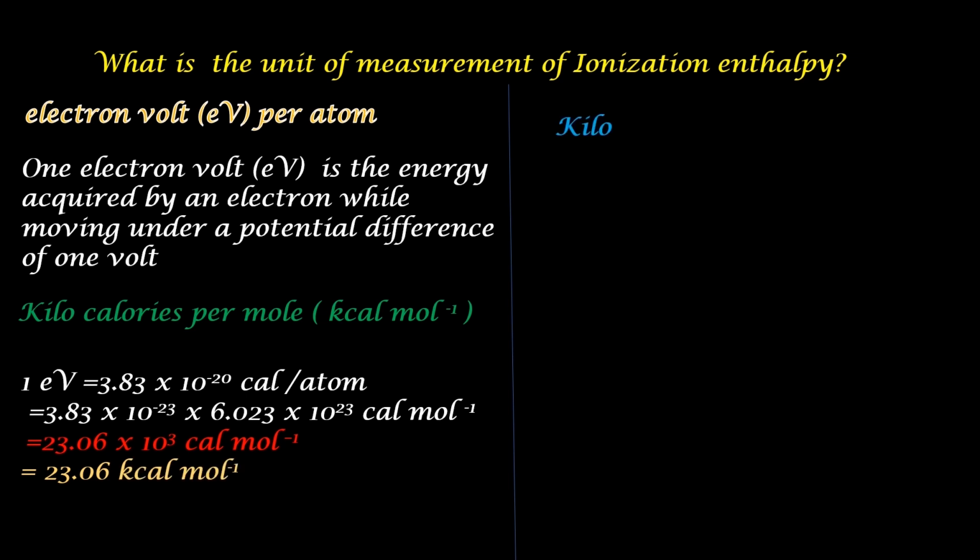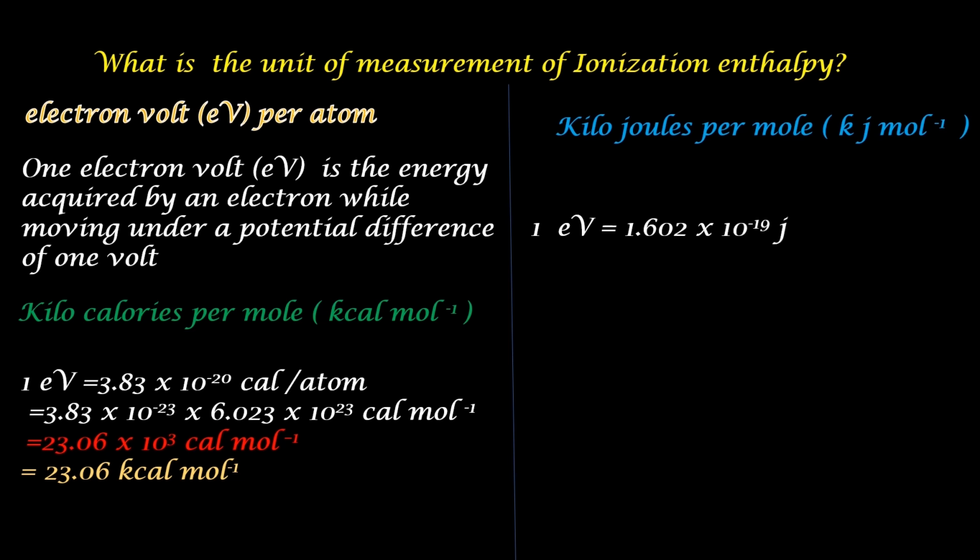The next unit is kilojoules per mole. We will first convert calories into joules. We get 1 electron volt is equal to 1.602 into 10 raised to minus 19 joules per atom, because 1 calorie is equal to 4.184 joules.